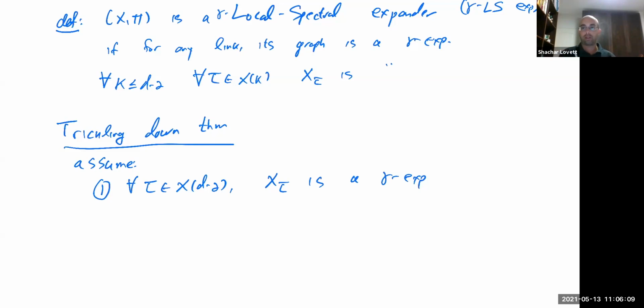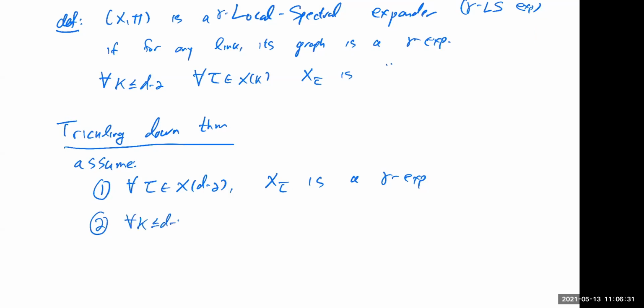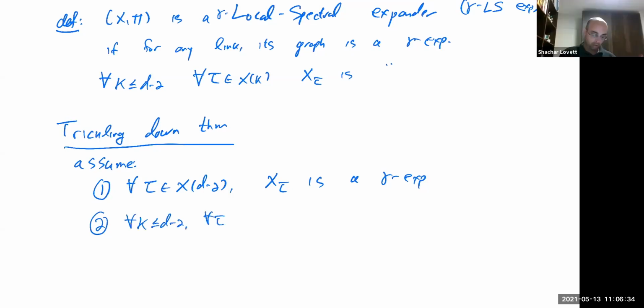There's nothing more than a graph, right? You have nodes which correspond to sets of size d minus 1 containing tau, and edges that correspond to sets of size d containing tau. That's it. So X tau is really just a graph, and being a gamma expander is just a property of graphs, nothing more than that. And secondly, for every k at most d minus 2, and for every tau in Xk, X tau is connected.